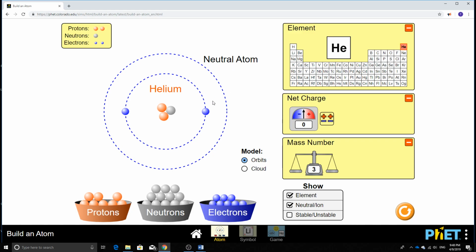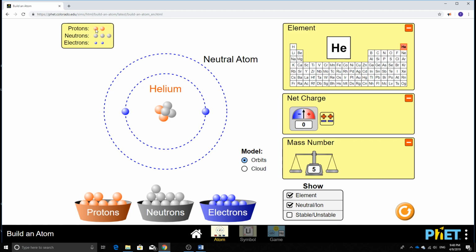Okay, now let me add on some more neutrons. Okay, and see, hey, look at that. My mass number now is 5. Well, let's go over here. How did I get that mass number? Well, this time, instead of looking at proton and electron numbers, now I'm going to look at proton and neutron numbers, because that's how I get my mass number.